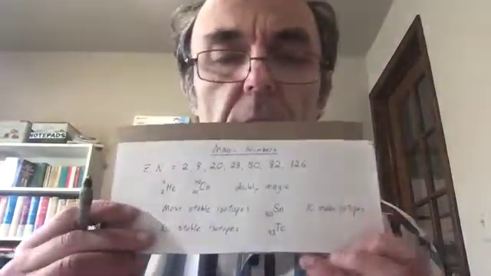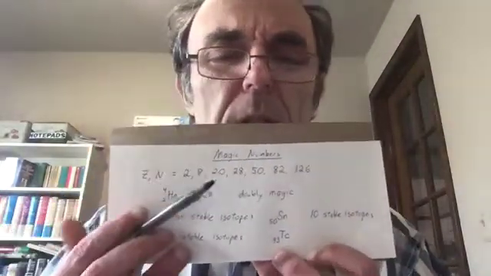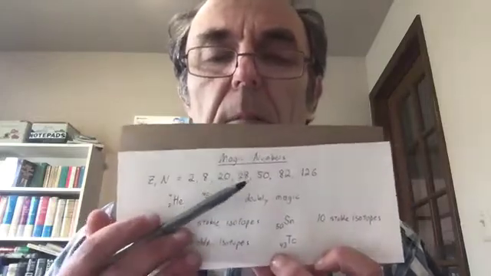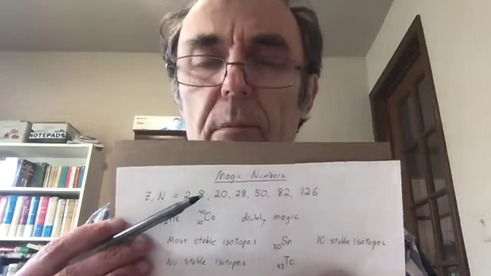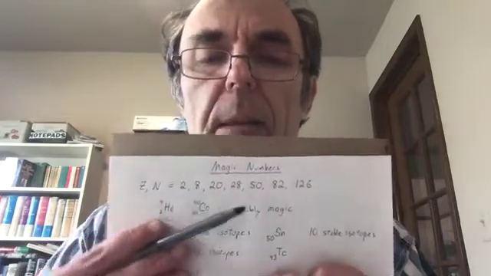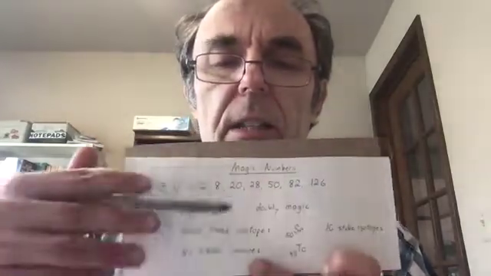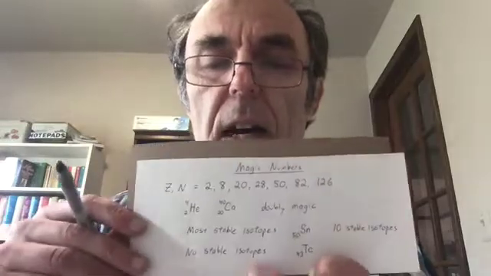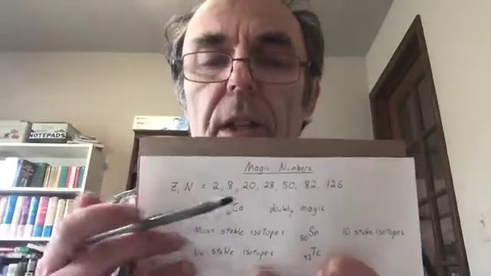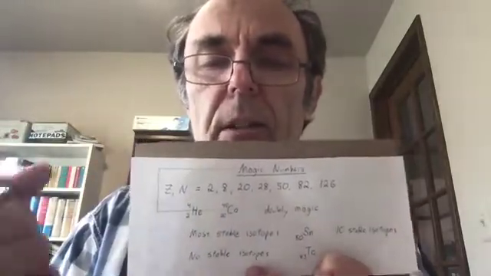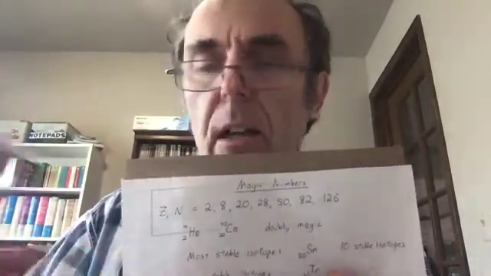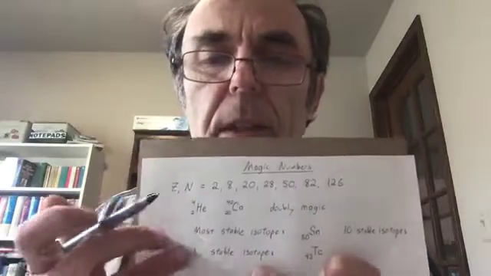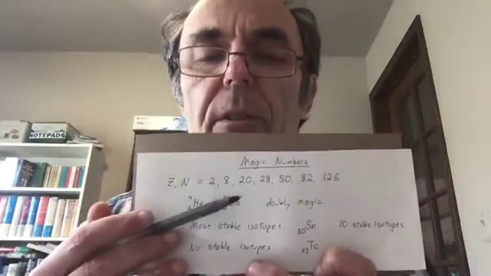Now, there's another feature, I'm not sure this is discussed in your book, about magic numbers. If you remember in atomic properties, you have the periodic table, and as you fill electrons into these different shells in the atom, you eventually can fill a shell, and that's a particularly stable atom. For instance, the noble gases, helium and argon and the like, are particularly stable because they have a full shell.